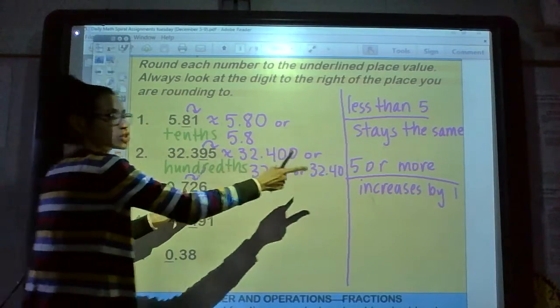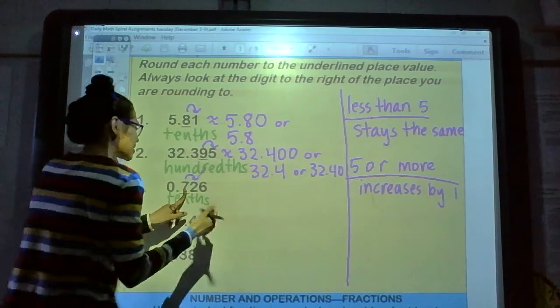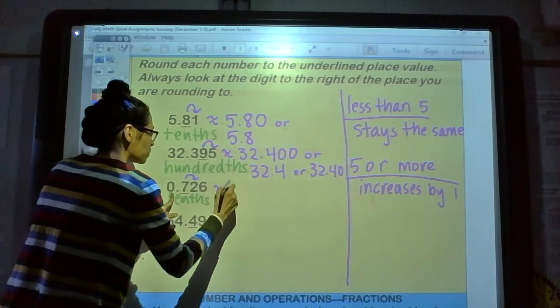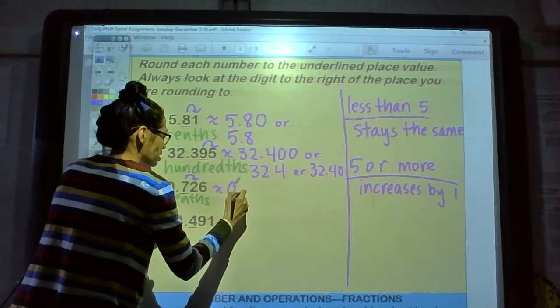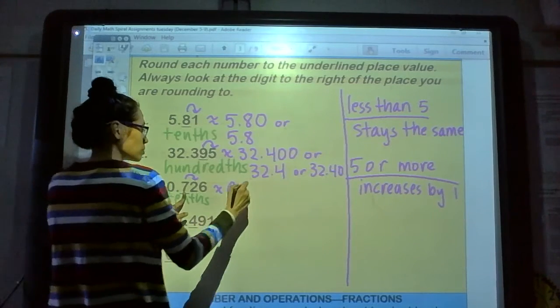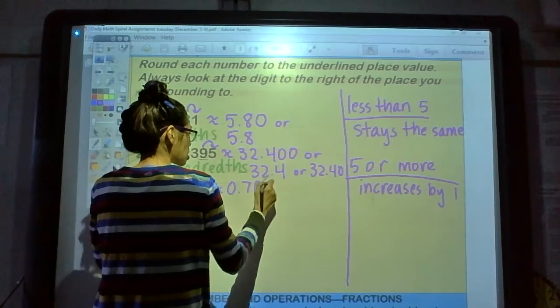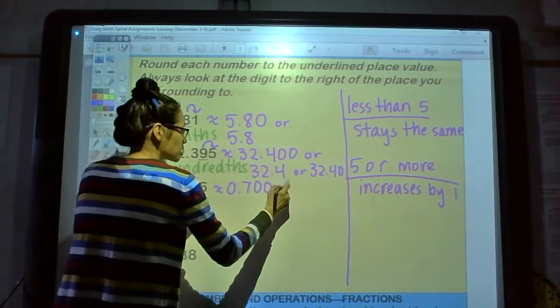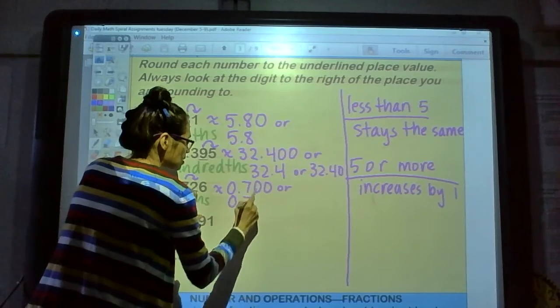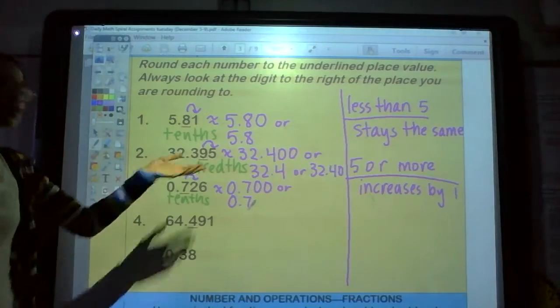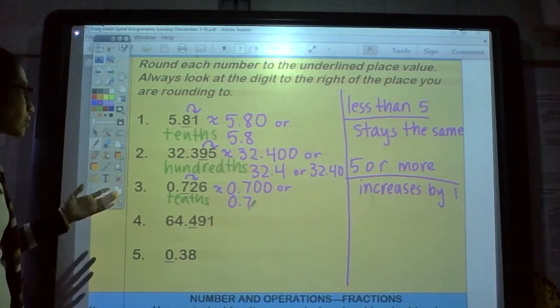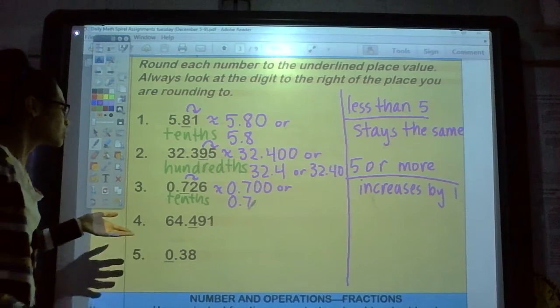So that 7 stays the same. It rounds to a 7. Then that 2 and the 6 become zeros, which is the same thing as 7/10. So it's 700 thousandths or 7/10. All right. This stuff is so easy. Let's look at the next one.